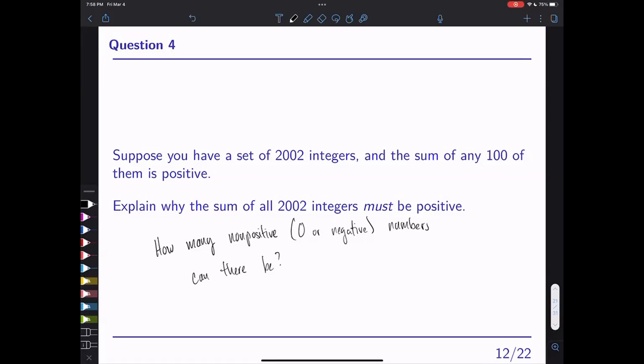Because this has got to work for any 100 of them. What if 100 of these integers are negative? What happens there? If I add those up, do I get a positive value?